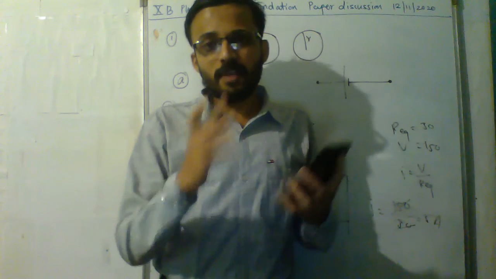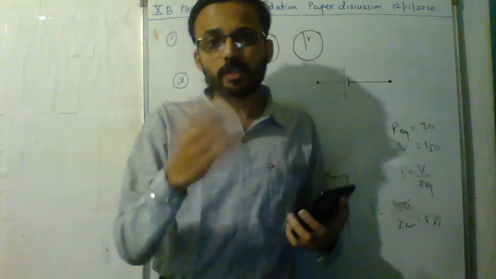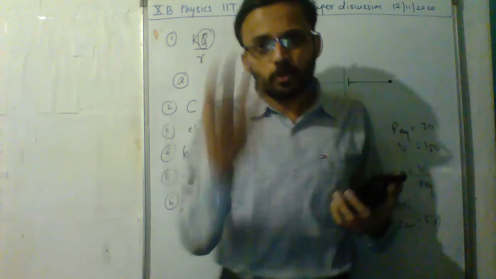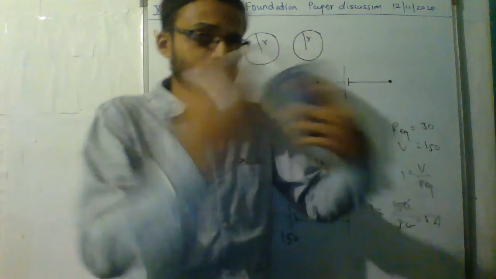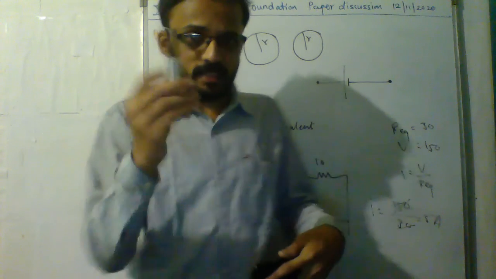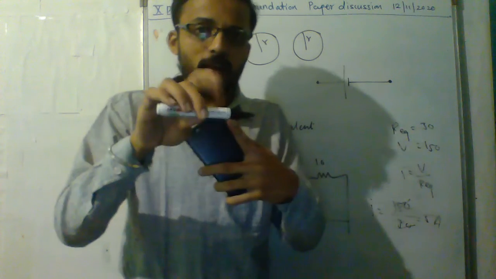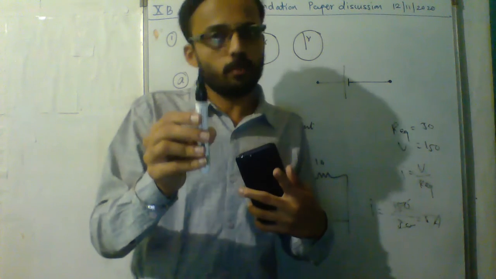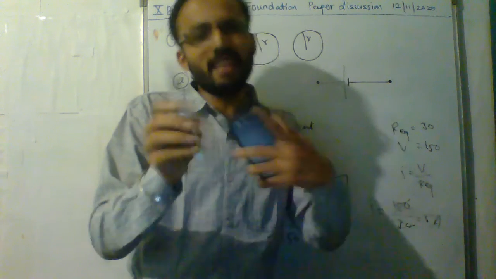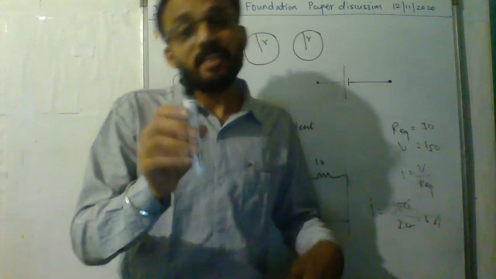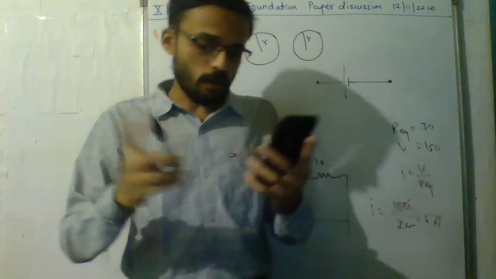Torque means when we are rotating something, we use torque. So of course there will be two torques. One is deflecting, the torque which is responsible for deflection. And if I connect this with some spring, then it will again come to its original point. Here we are using a magnetic field that makes it come back to its original point. That's why it is called restoring torque.